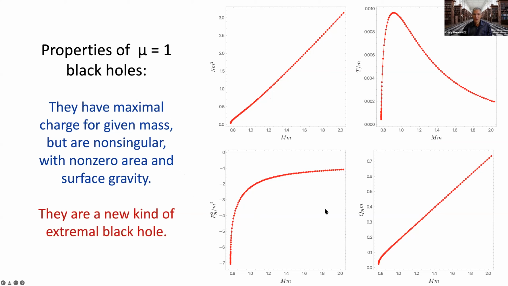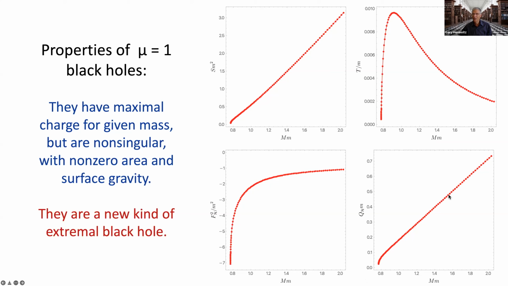These plots on the bottom show you the electric field on the horizon as a function of mass. I should say all of these are functions of mass on the horizontal axis, and they end just when the red curve ends, when these mu equals 1 black holes become singular. This is the electric field on the horizon as a function of mass, and this is charge on the black hole in the bottom right as a function of mass.